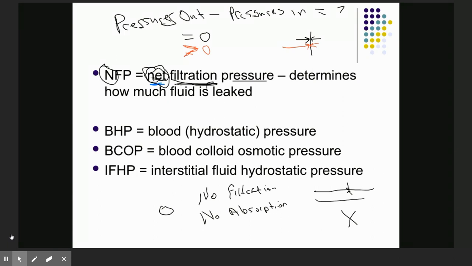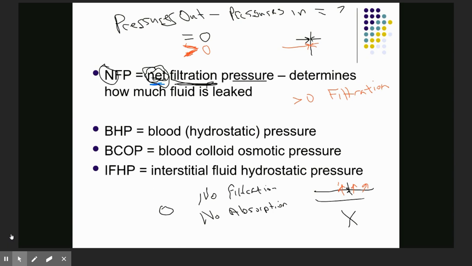If our net filtration pressure is greater than 0, is fluid going to come out or is fluid going to go in? That's right, we're going to get filtration. So if the number is greater than 0, filtration is going to happen. As the blood goes through the capillary, this pressure is bigger than the one coming back in, and so fluid gets forced out.